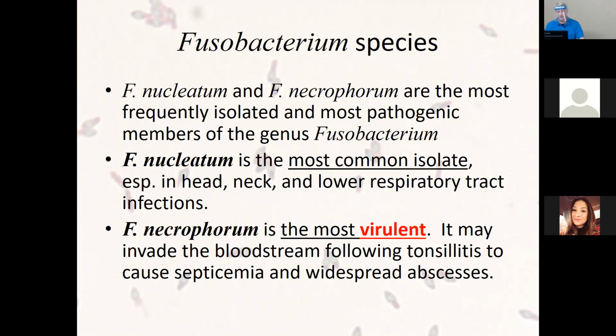Nucleatum is the most common isolate in head, neck, and lower respiratory tract infections. Again, these are gram-negative rods. Necrophorum is the most virulent. It may invade the bloodstream following tonsillitis to cause septicemia and widespread abscesses.